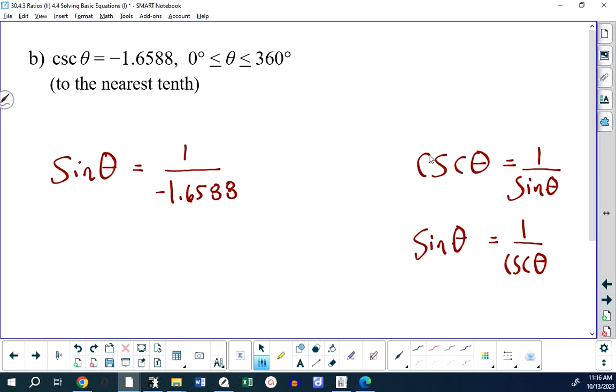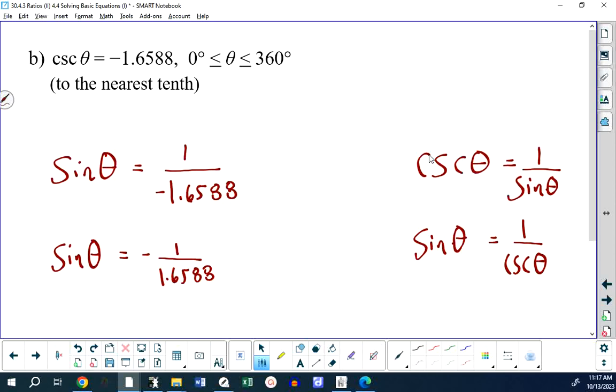I mean, you can justify it algebraically, but I just find people get confused by it. Now, do you agree? I'm going to rewrite this. Do you agree that this thing that sine of theta is equal to is just a number? We don't need to figure out what negative 1 divided by 1.6588 is, because whatever it is, we're going to take the inverse sine of it to find the reference angle.